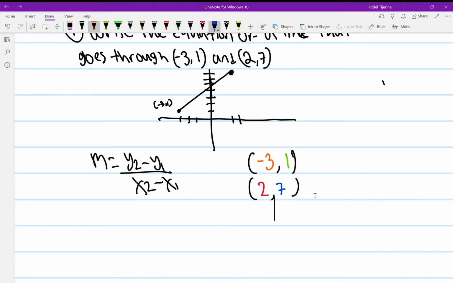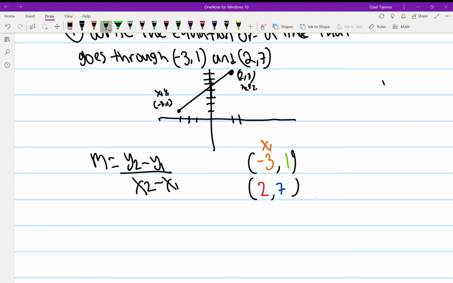So first of all, this is our x1, because it goes from left to right. Always remember that when you have 2 points, you're always looking from left to right. Your left is always going to be your x1, y1, and your right is going to be your x2, y2, okay?